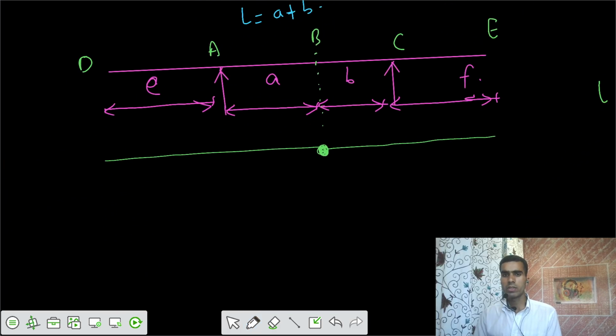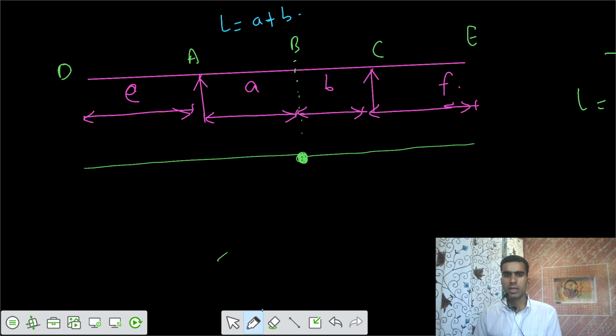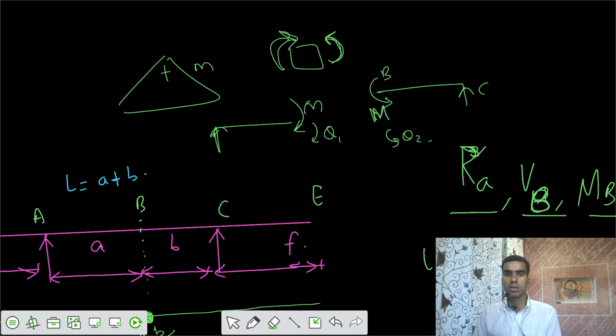So finally the variation would be in this way, and this is the maximum ordinate, AB by L. We already know that. Once you have this support, you rotate it clockwise, so this goes up. And we have the support C, and you rotate it anti-clockwise, so this goes up also. So this is the variation.